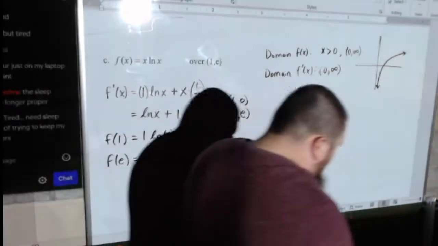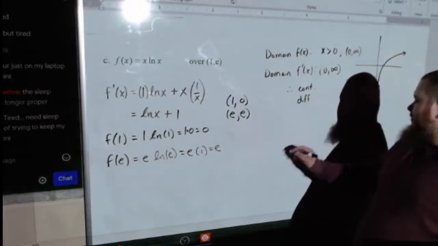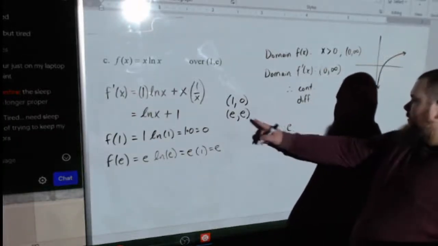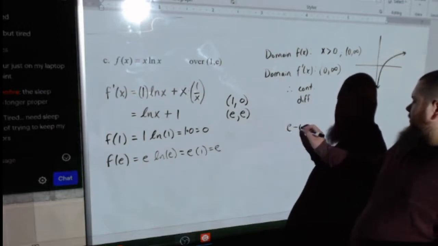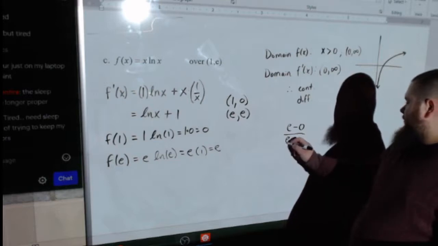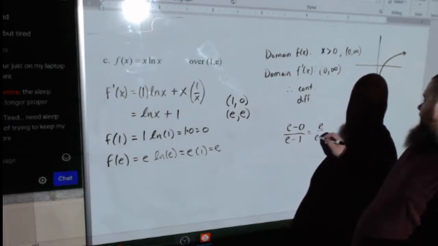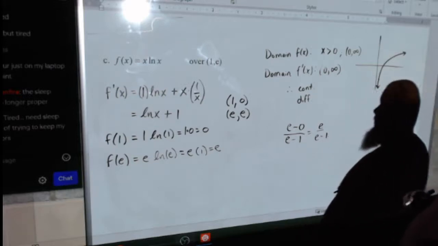So let's find the slope. Use this as my second point, so that's going to be e minus 0 divided by e minus 1. So e over e minus 1 is my slope.